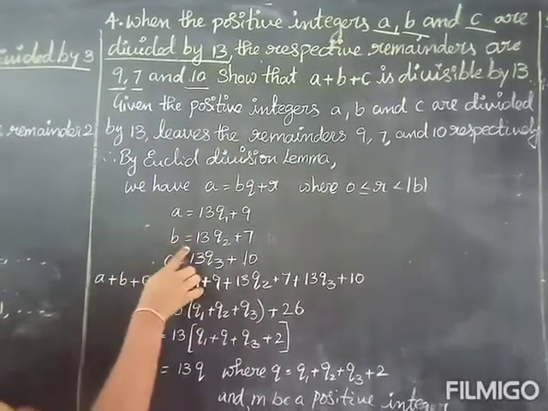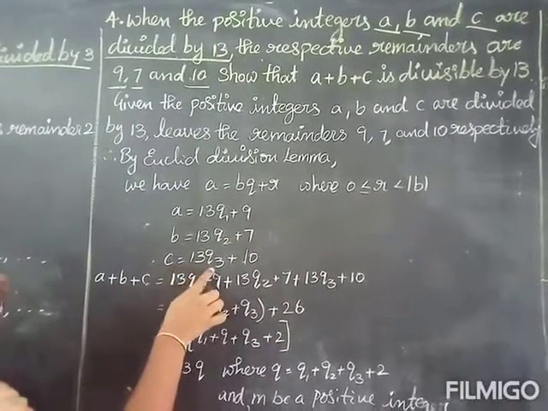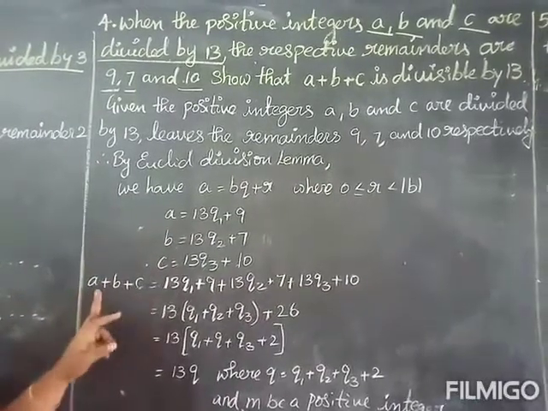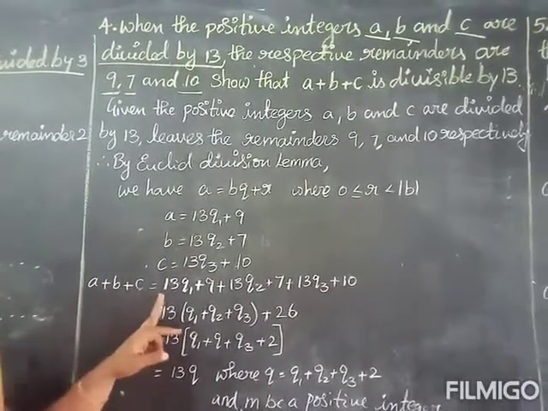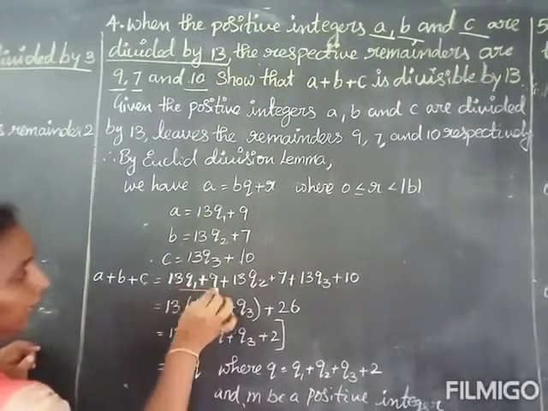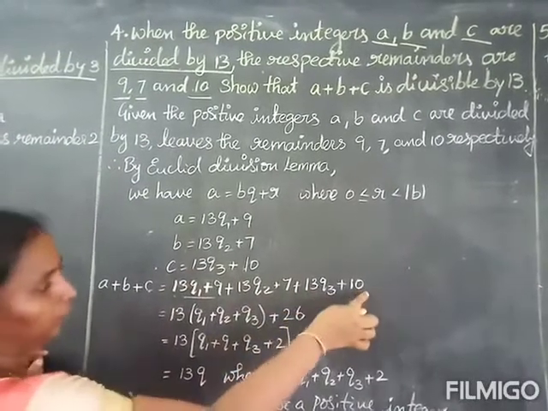Then b = 13q2 + 7. c can be written as 13q3 + 10. We are going to add these three. a plus b plus c equals 13q1 + 9, right, next 13q2 + 7, and 13q3 + 10.